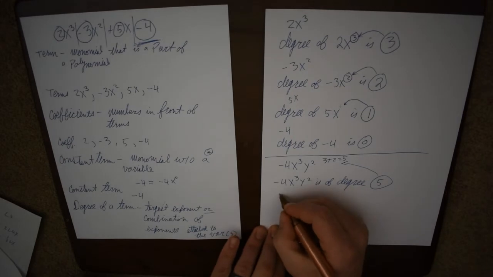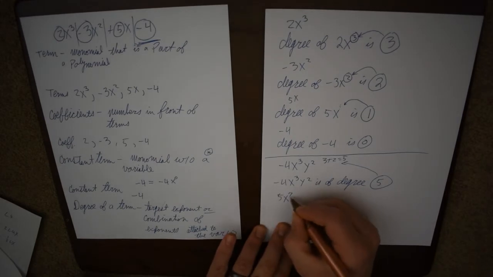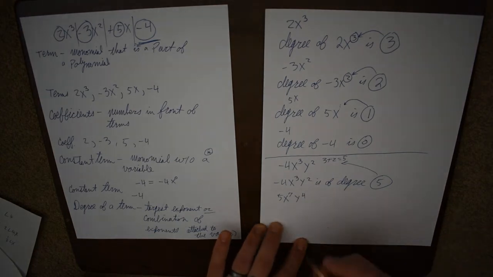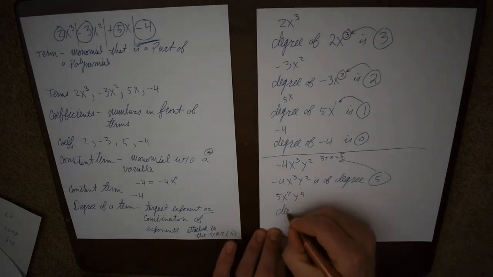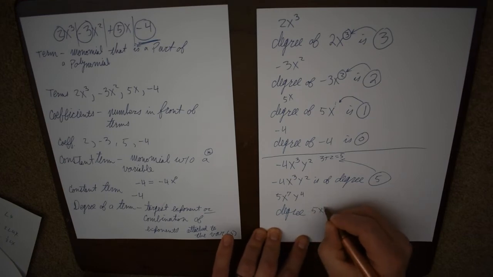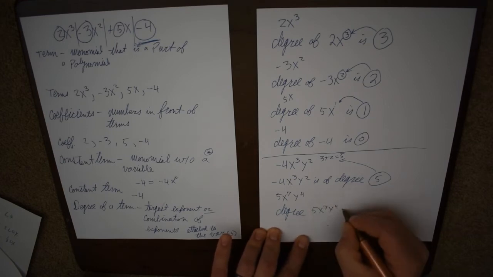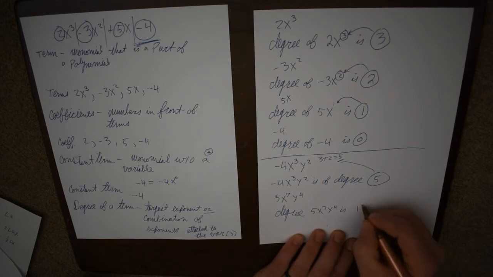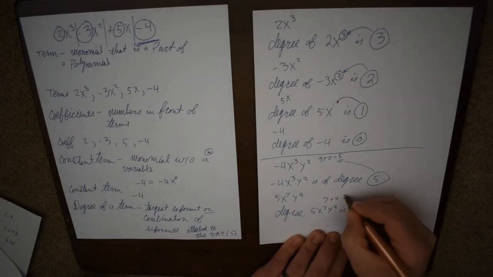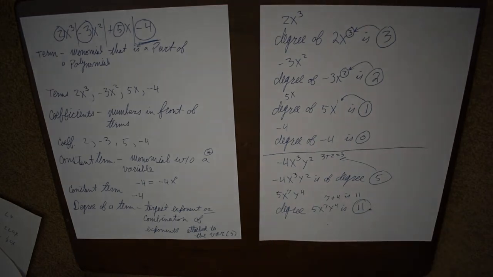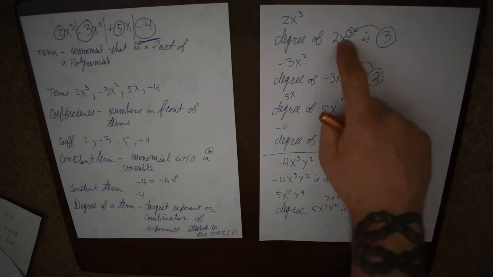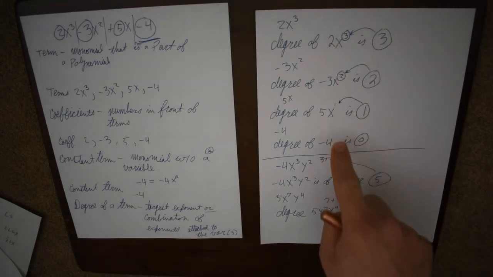If we had 5x to the 7th y to the 4th, well, the degree of 5x to the 7th y to the 4th is 11, because 7 plus 4 is 11. So when we're talking about degrees of terms, you're looking for the largest exponent.